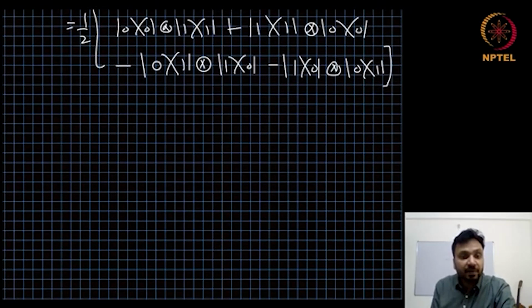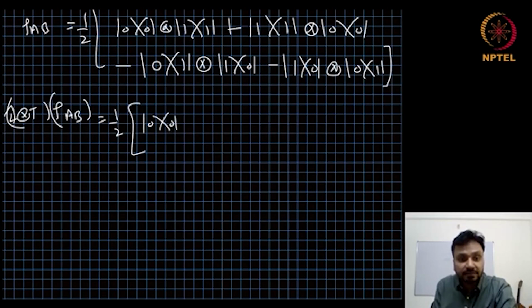So when we take the partial transpose over this state rho AB, this is the rho AB we have, it will be the transposition on the second subspace.